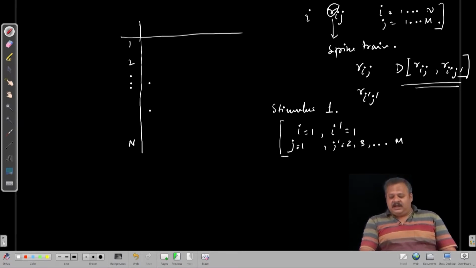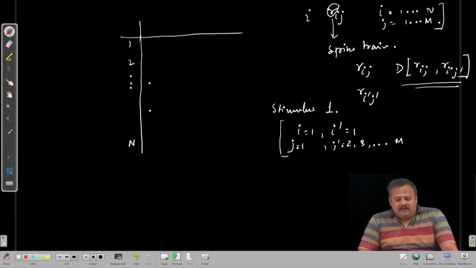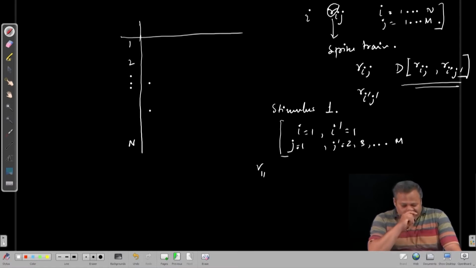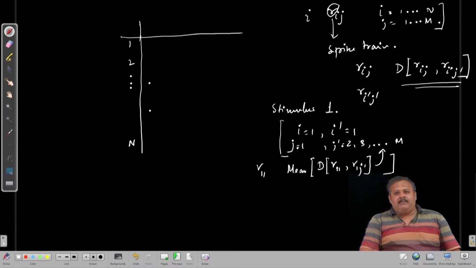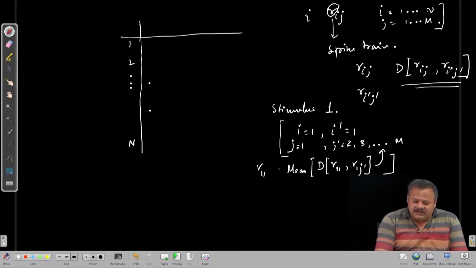That means we can get an average of those distances, and we will say that spike train 1 of stimulus 1, that is R_11, has a distance from stimulus 1 which is the mean of the distances of R_11 from R_1j', where j' is varying from 2 to capital M. So this is telling us how far apart the first spike train for the first stimulus is from the rest of the spike trains in response to that same stimulus.